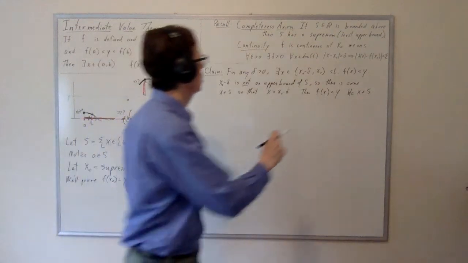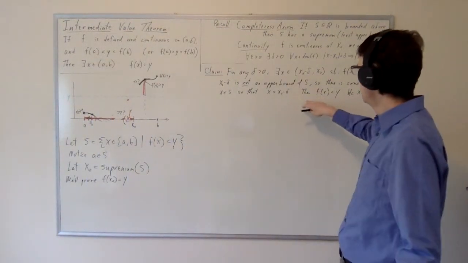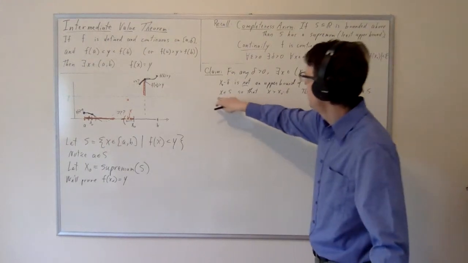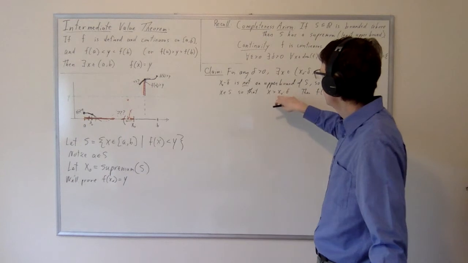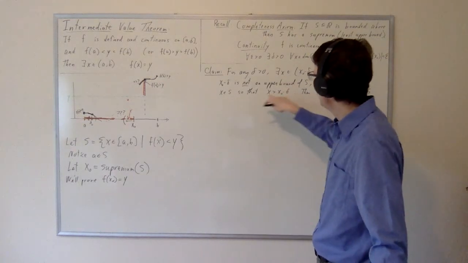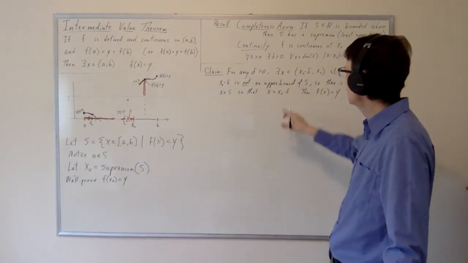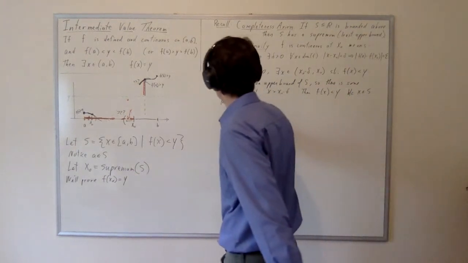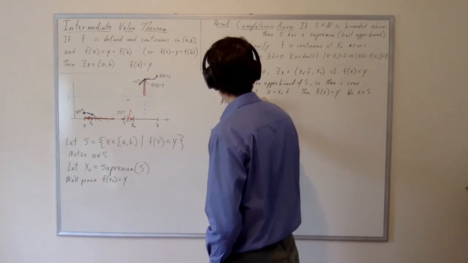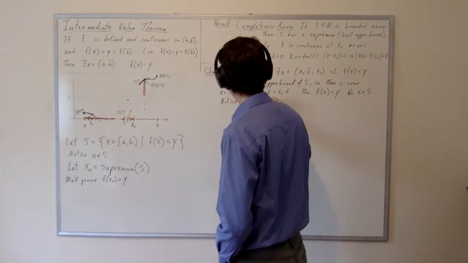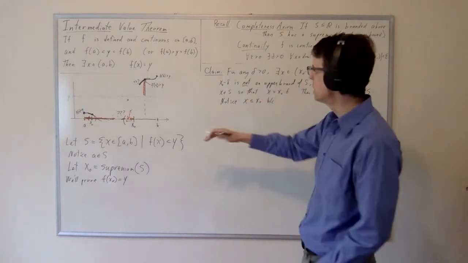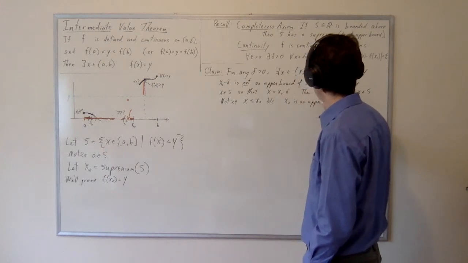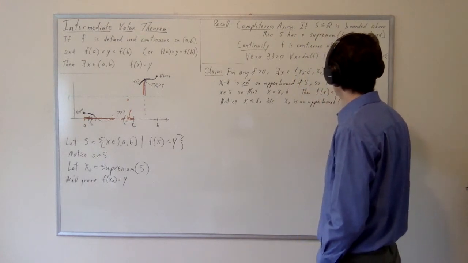I should have, so let me point out here, I don't actually know at this point whether the x, which is in S and greater than x naught minus delta, it could be equal to x naught, I guess, but it couldn't be any greater than x naught. So I want to point out here that x is less than or equal to x naught because it's in S, and because x naught is an upper bound for S, right?